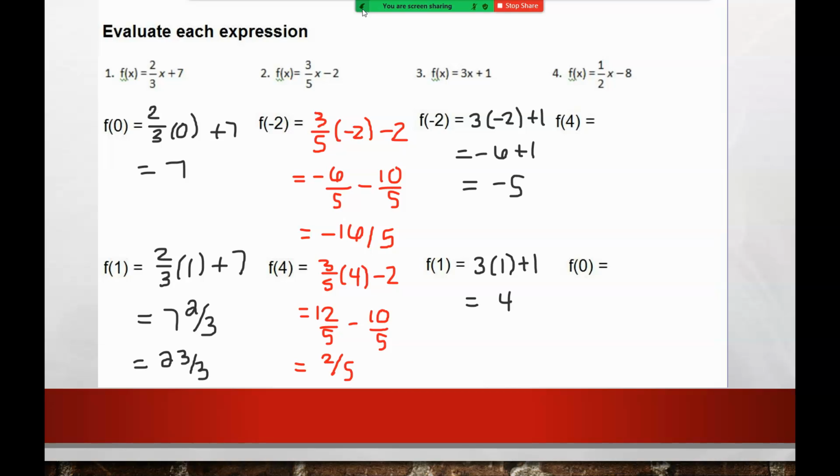And then in number 4, same idea. You have 1/2 times 4 minus 8. Half of 4 is 2. 2 minus 8 is -6.